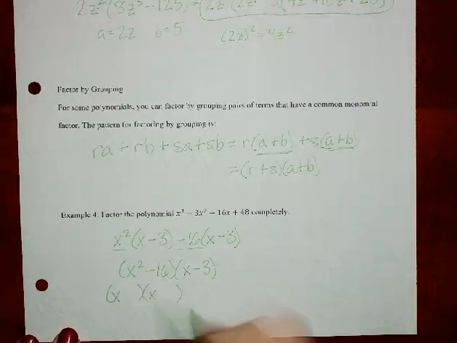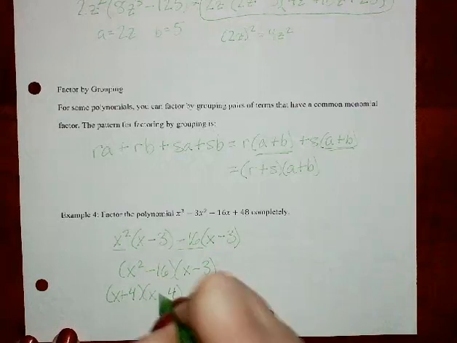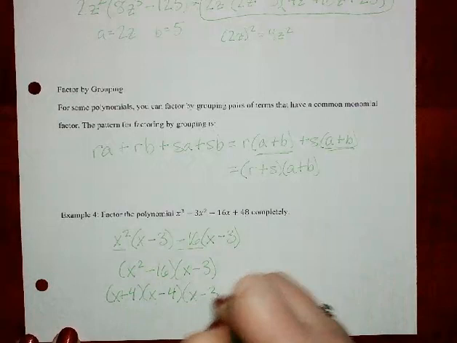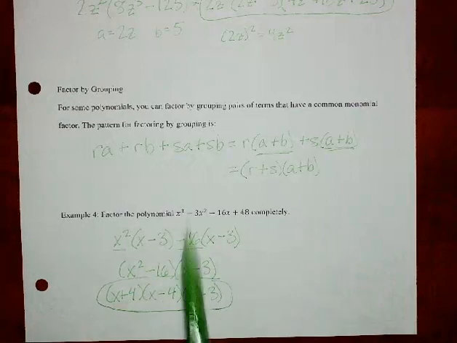And then the square root of 16 is 4. And then I put a plus in one and a minus in the other. That's how we factor a difference of squares. And then I keep my x minus 3. So that is this polynomial completely factored.